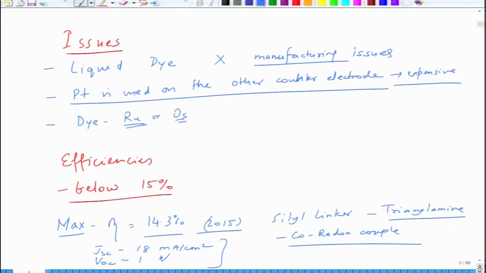There is a lot of work going on developing solid state dyes, and efforts are also on to reduce the sealing issues. There is an effort towards reducing the cost of ruthenium containing dyes and the use of platinum in the electrode, and sometimes the electrolytes may also contain volatile and hazardous elements.